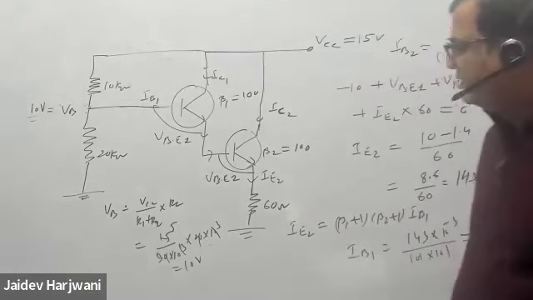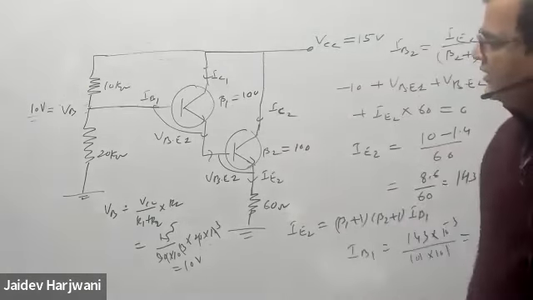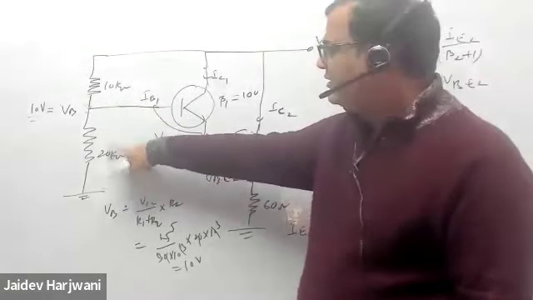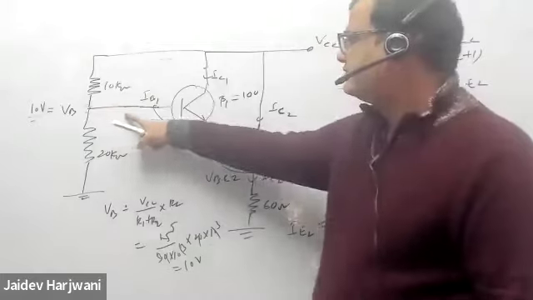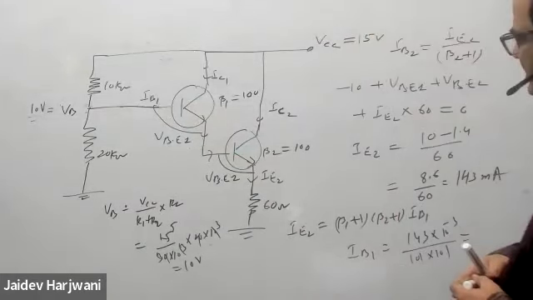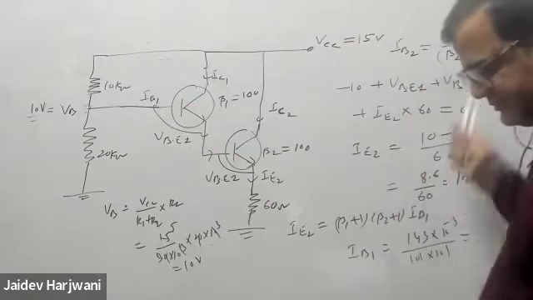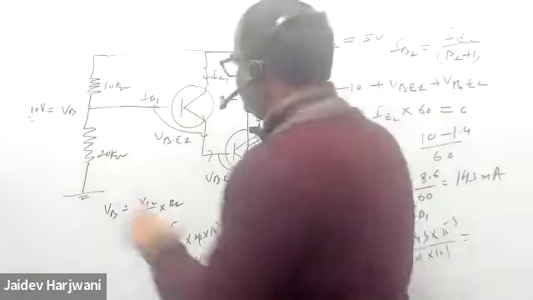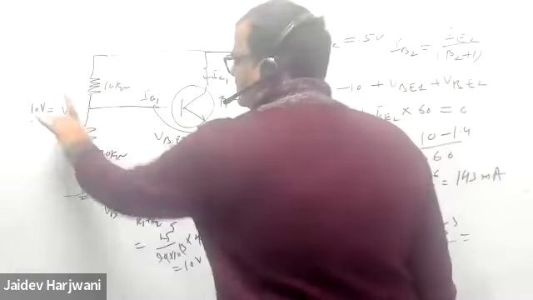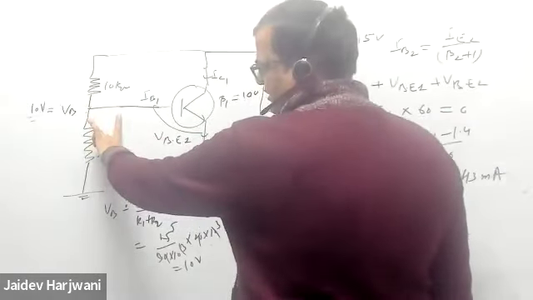If you want to do it a little bit more accurately, then you can put one R Thevenin here. But that will not change much because IB1 will be very less. So this answer will not change much. You can cut this circuit from here. This battery is here, so open circuit voltage will not change.